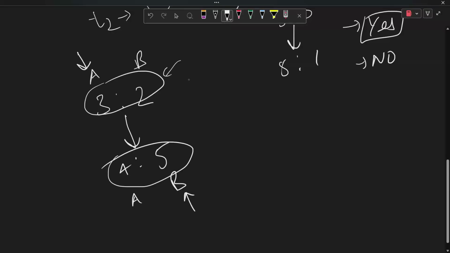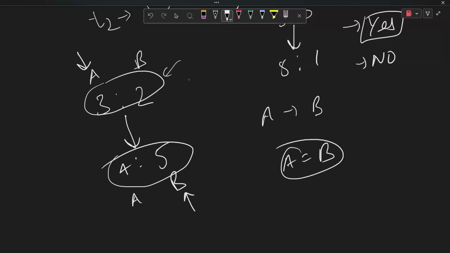When the lead goes from A to B, then for sure in between there would be a time when A equals B, because without that, B cannot surpass A. If A is greater than B, then A would first have to become equal to B, and only then can A become less than B.